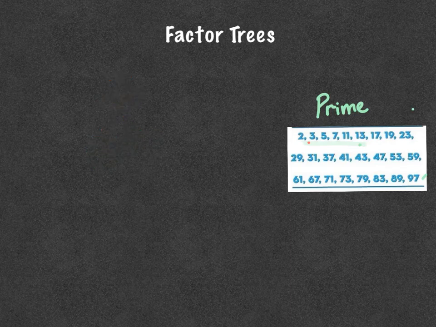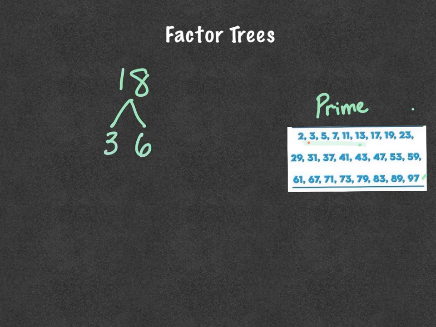All right, one more. Let's do 18. Okay, so for 18, there are a couple of different ways I could do it. I'm going to do 3 times 6, because there's a couple of different factors for 18. 3 is prime. 6 is not. 2 times 3 would be a factor pair for 6.